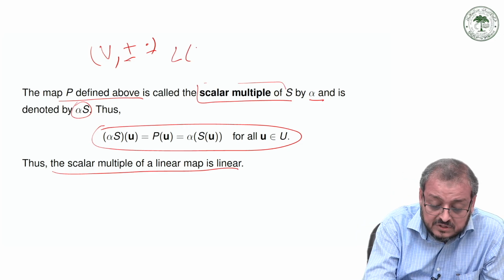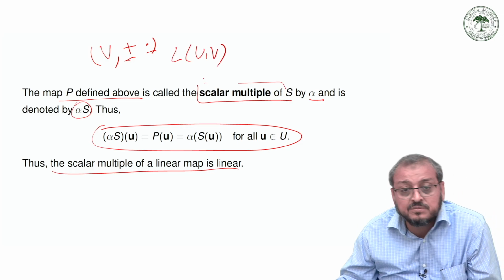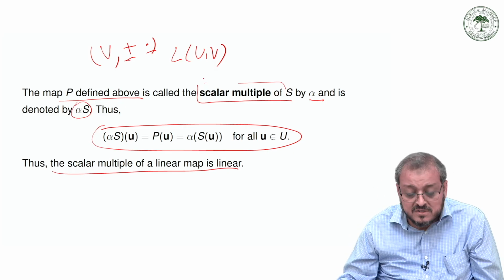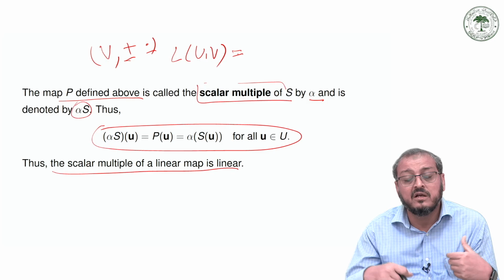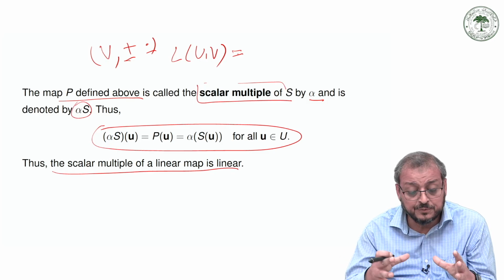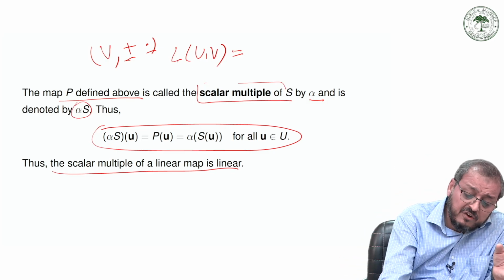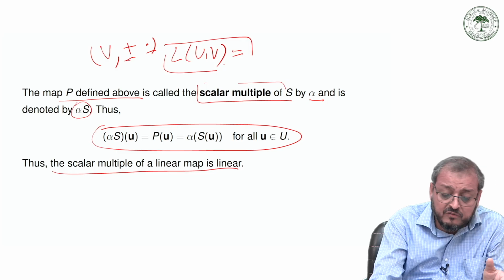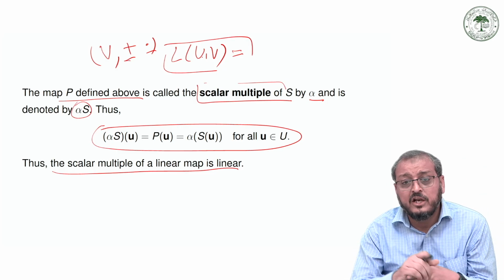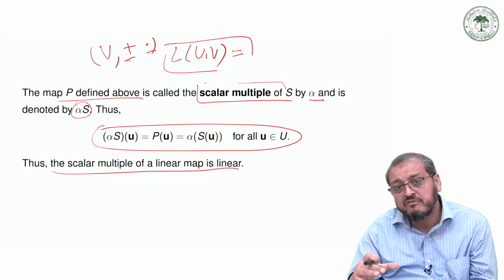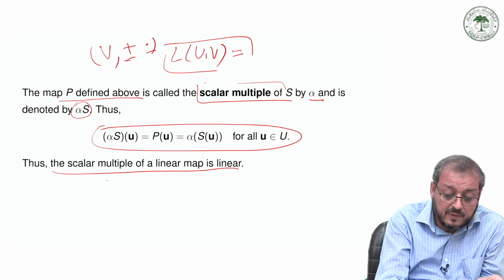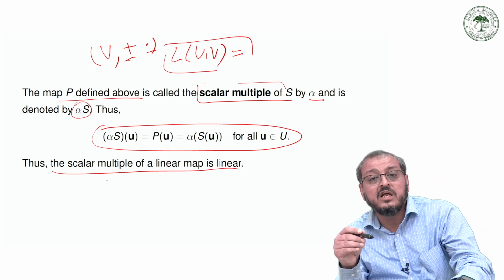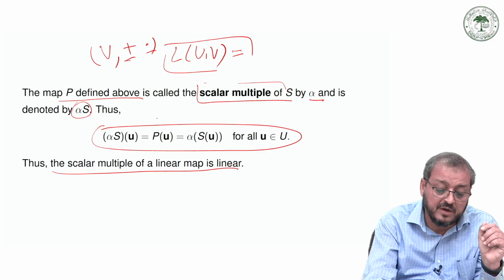Here we have to study the linear space L(U,V), which is the collection of all linear transformations. Later we will show that this L(U,V) forms a vector space under the addition defined by the addition of two linear maps, and the scalar multiplication defined by this.